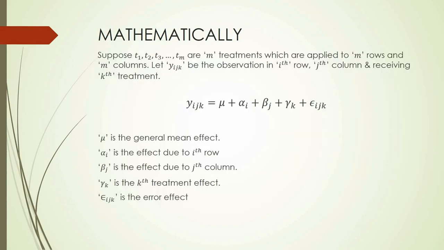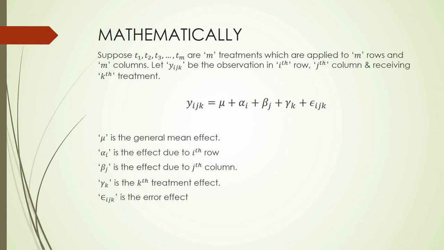Mathematically, suppose T1, T2, T3, up to Tm are m treatments which are applied to m rows and m columns. Let Yijk be an observation in the ith row and jth column receiving the kth treatment.